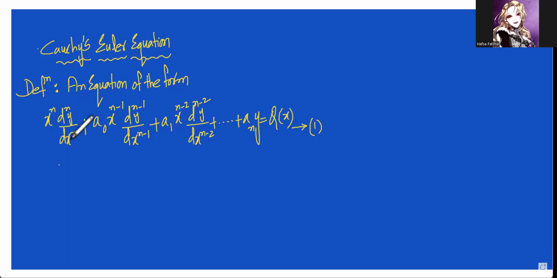The power of x and the power of the derivative will be the same. Now you see x power n d power n, x power n minus 1 d power n minus 1.